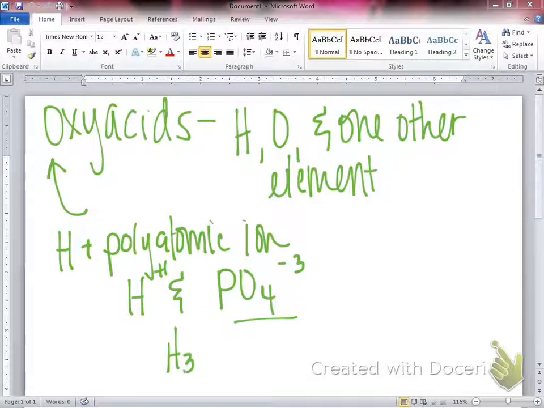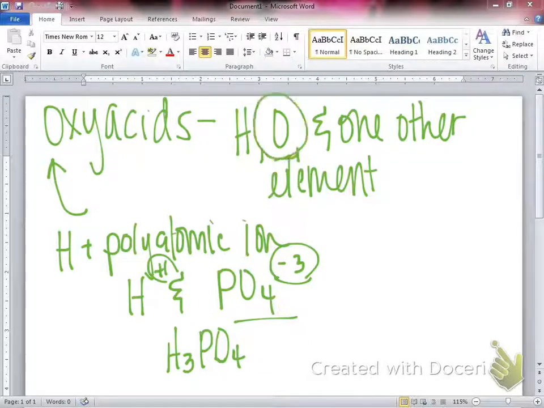We need to have H3PO4. Because phosphate has a -3 charge, hydrogen has a +1 charge. To get that to be neutral, we've got to have 3 hydrogens.